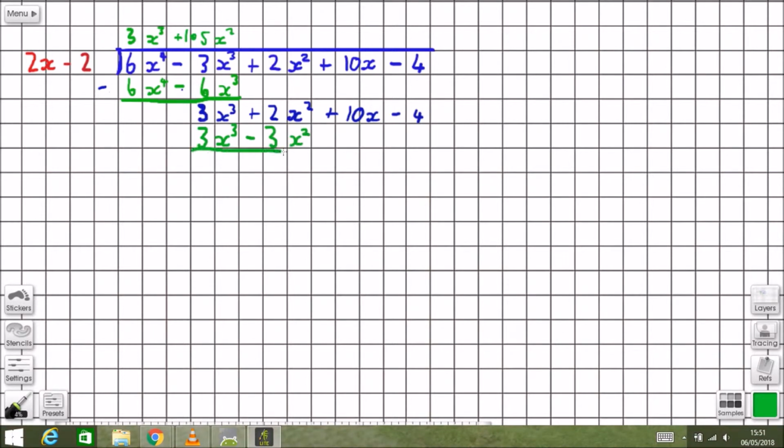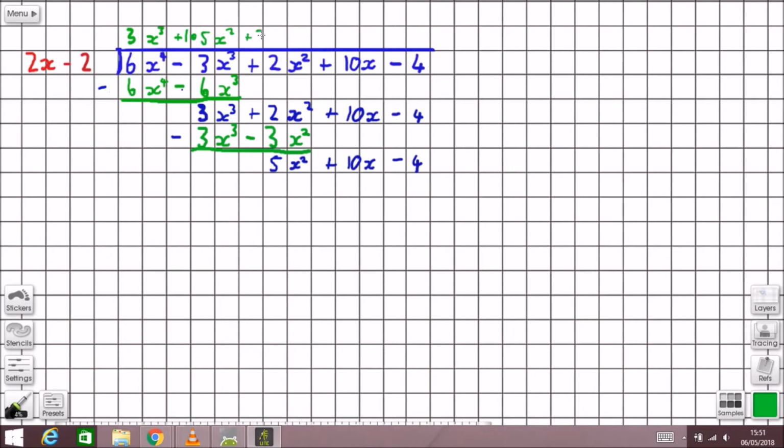We'll subtract that term again. Once again, we'll eliminate the leading term. 2 minus negative 3, that's 5x squared. Bring down the terms we haven't used yet. Okay, and you can see we're going to have to repeat this at least once more. 2 times what equals 5?